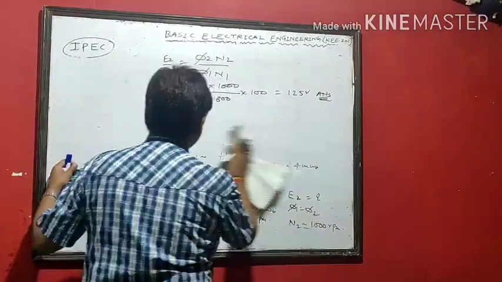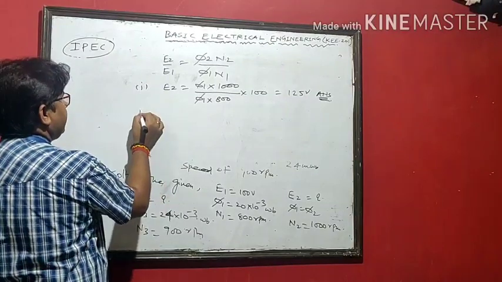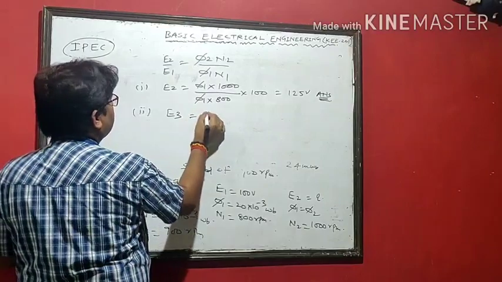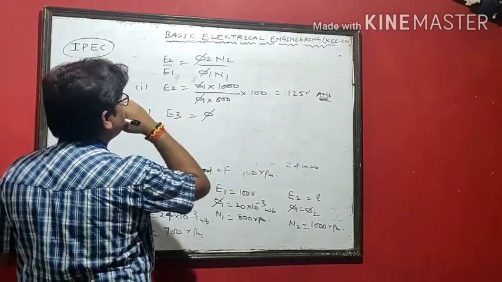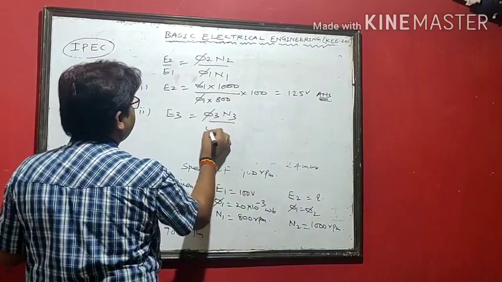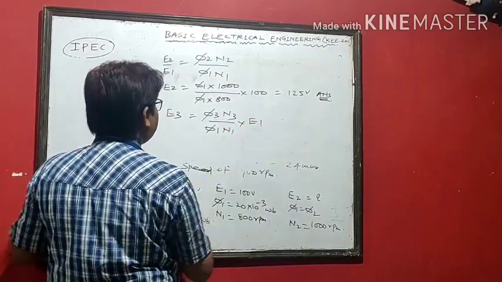Second part. Similarly, E3 equals phi3 N3 divided by phi1 N1 into E1.